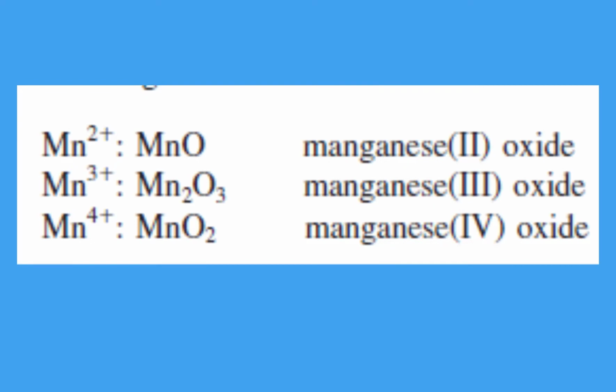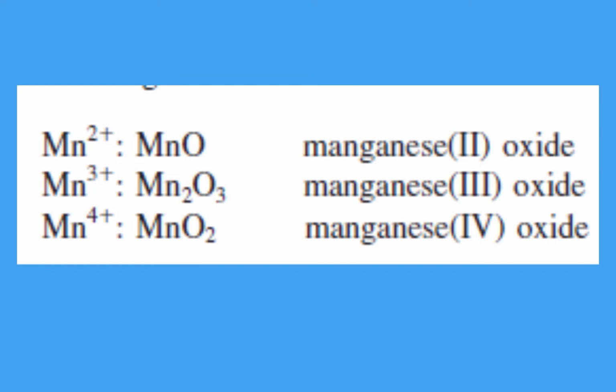So I can make compounds such as when it bonds with oxide, named manganese(II) oxide, manganese(III) oxide, and manganese(IV) oxide, using the Stock system. That is how we name ionic compounds.